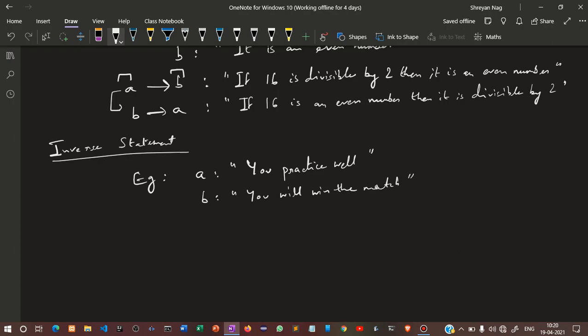Okay. Now, how would you write this in implies form? If you practice well, then you will win the match. Just put the if and then for implies.